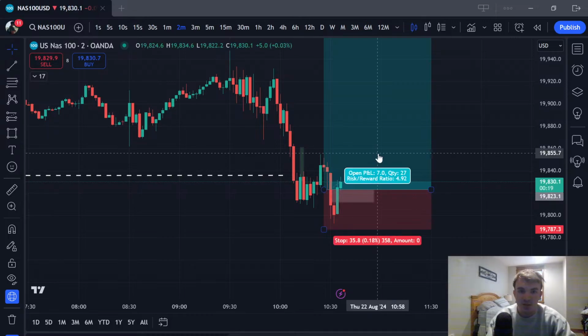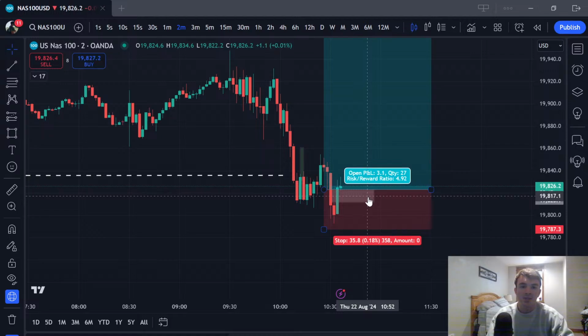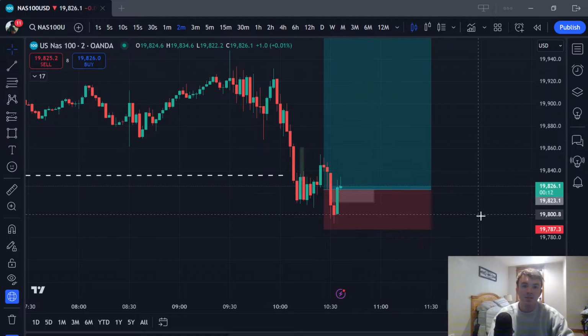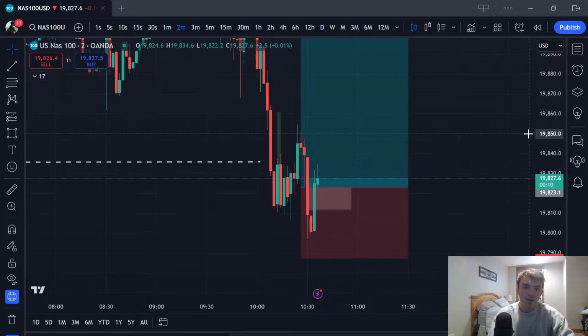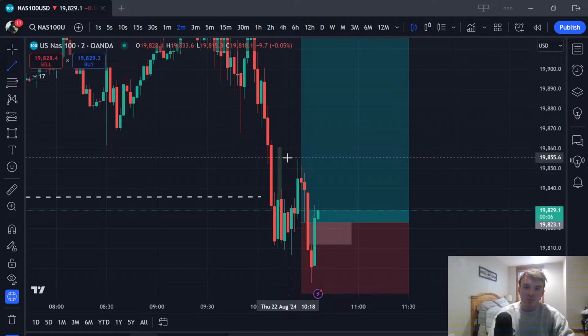After we take out this swing high, I will move my stop loss to break even. Or I'll just move it up a bit.